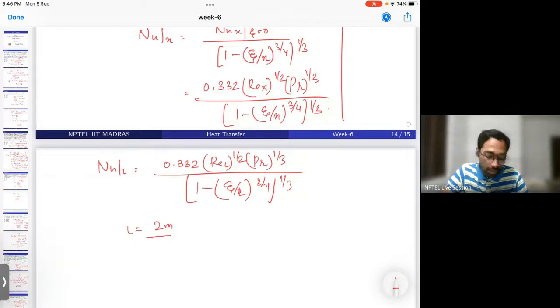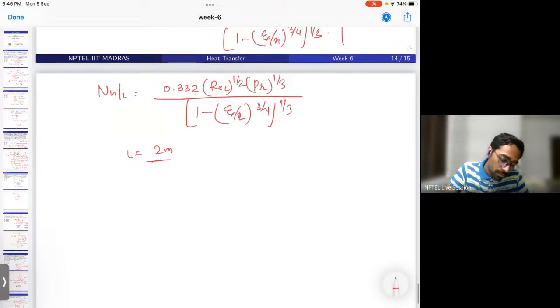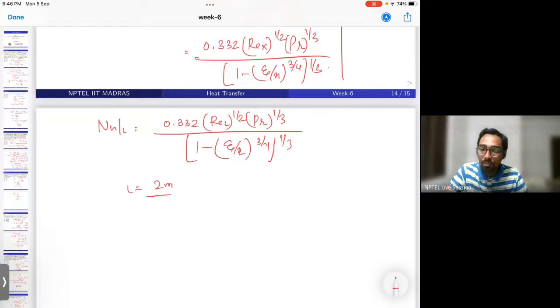Here L is equal to 2 meters. So we have to take x from the leading edge of the plate, where the hydrodynamic boundary layer starts.